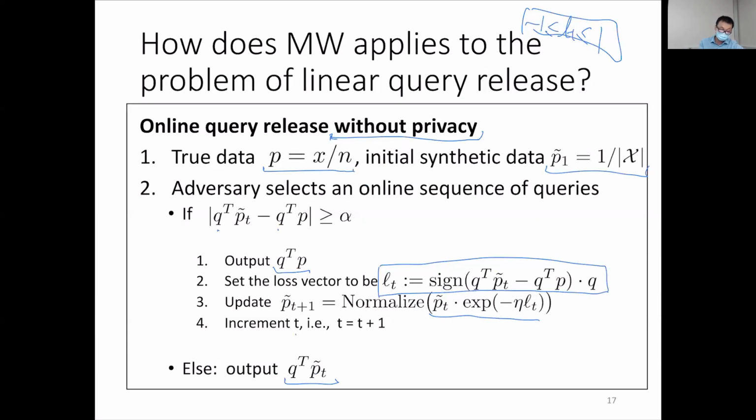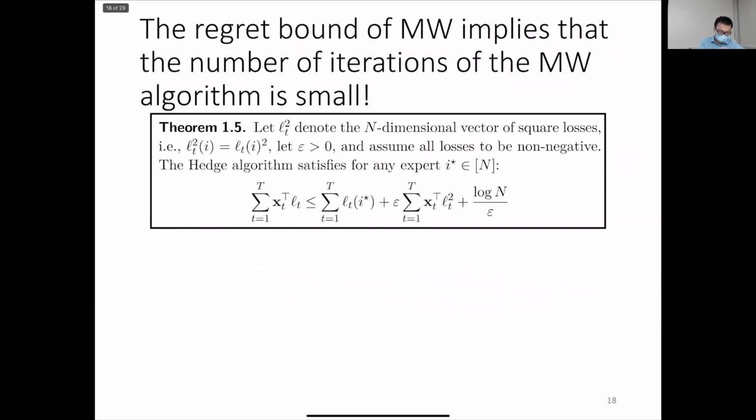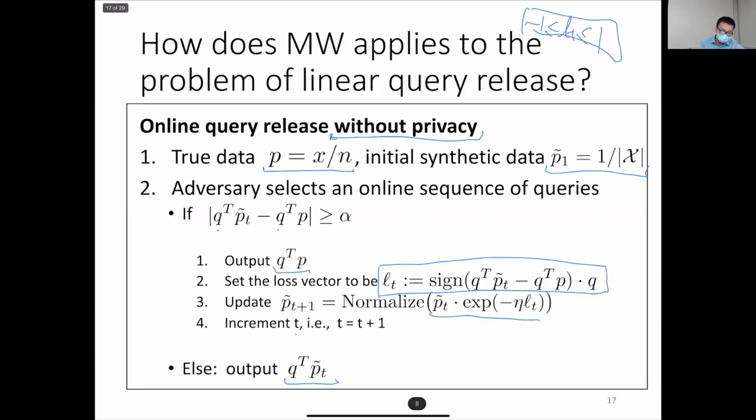Okay, so that's basically the algorithm, and how do we make sense of it? First of all, I argue that for this algorithm, the error is always smaller than alpha. There are just two cases.